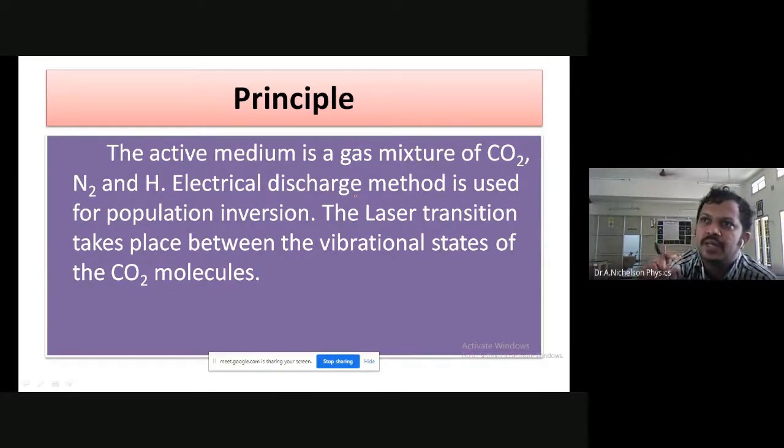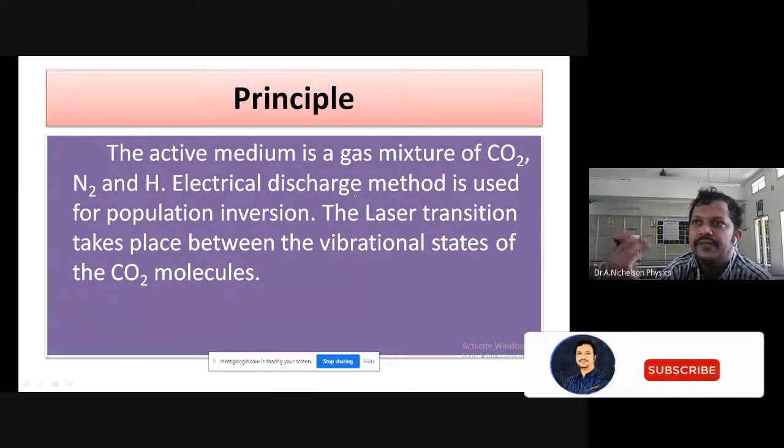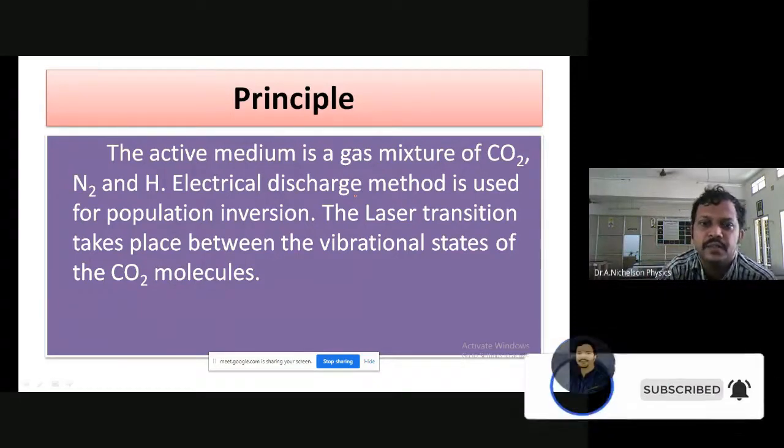Because of this vibration, there is some energy release in the carbon dioxide molecule. Now, if you provide some energy from external sources, it starts to vibrate and its vibrational energy becomes higher, and excitation takes place, population inversion takes place, and finally, because of stimulated emission, the laser will be produced.